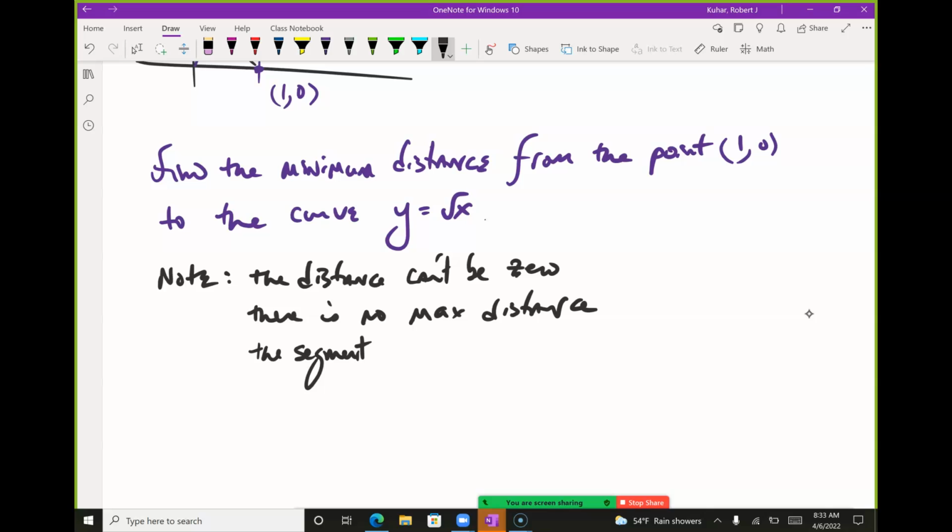Yes, sort of. It's going to be perpendicular to the tangent at the point we find, right? So the segment representing the distance at x, y should be perpendicular to the tangent line at x.